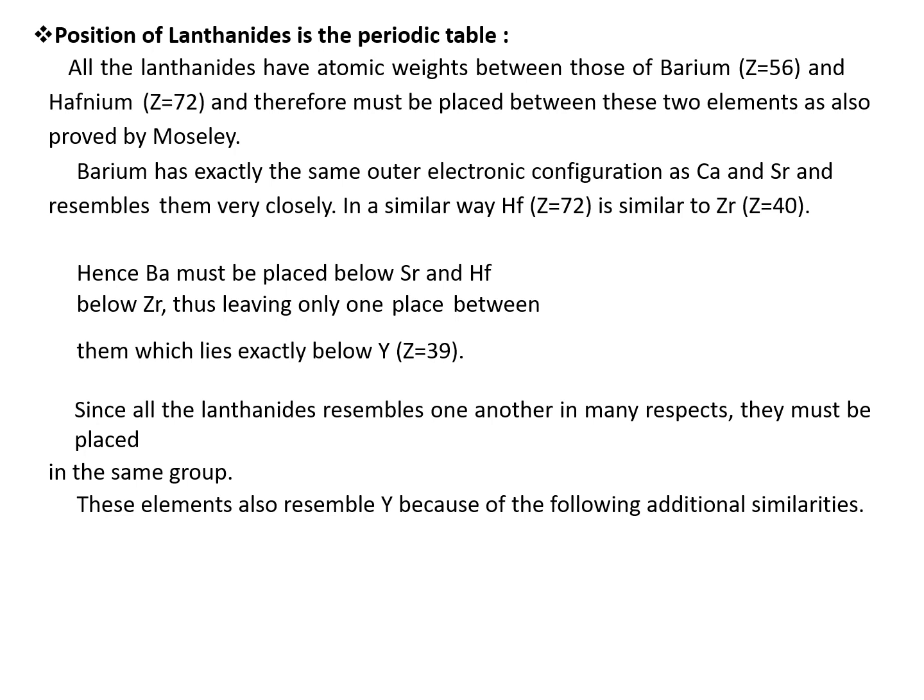So barium must be placed below strontium and hafnium below zirconium, thus leaving only one place, exactly below yttrium. Since all the lanthanides resemble one another in many respects, they must be placed in the same group. These elements also resemble yttrium because of additional similarities.